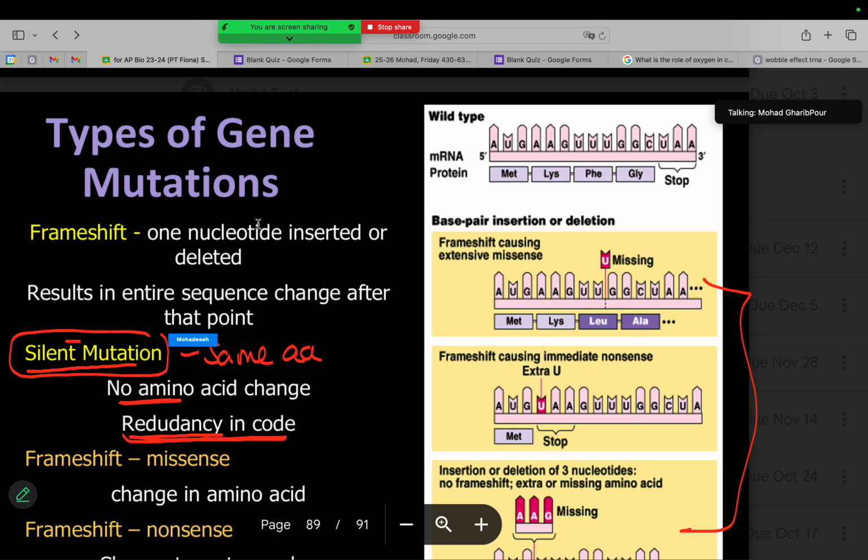It's still a mutation. It's just silent. So this is considered a neutral mutation because there's no change. Frameshift mutations, you have to look at the end product, the phenotype, to determine is this positive mutation or negative mutation. We can't know just by seeing if it's frameshift or not.